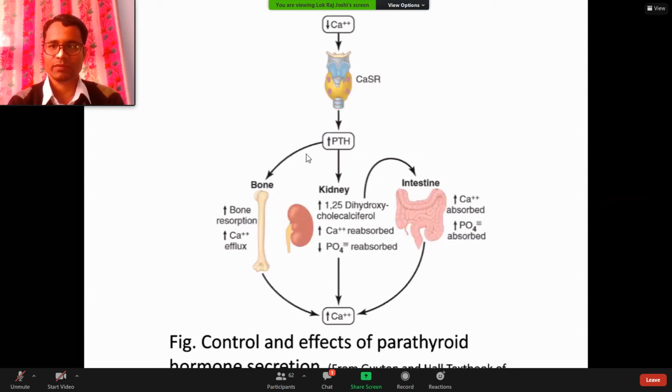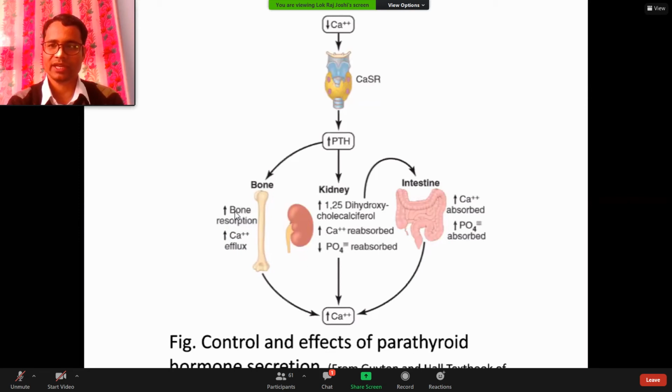Now its effect in the bone will be bone resorption, meaning release of calcium and phosphate from the bone into the extracellular fluid, and also calcium efflux. If you go into detail, it is mediated through the osteocytes instead of osteoclasts.